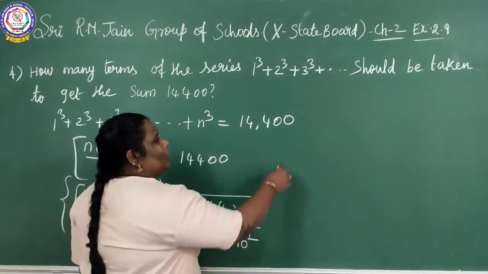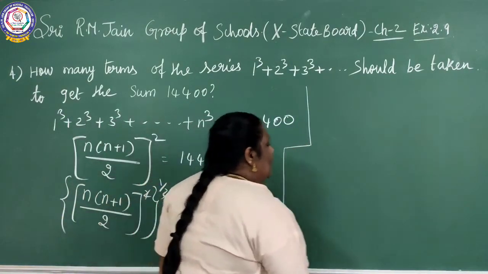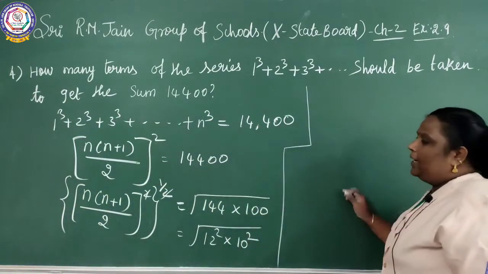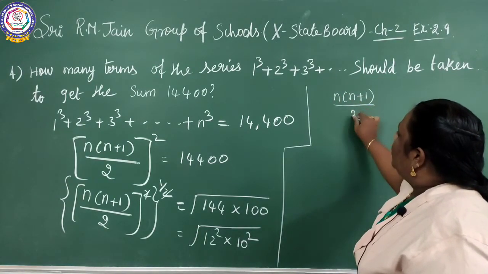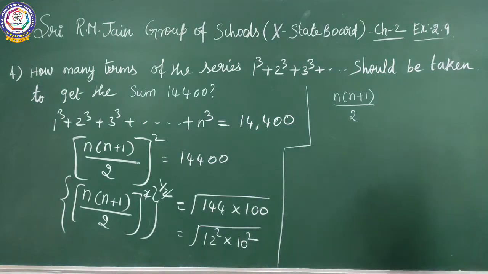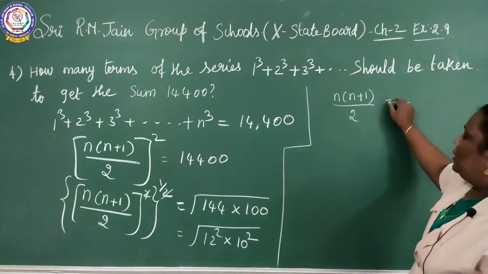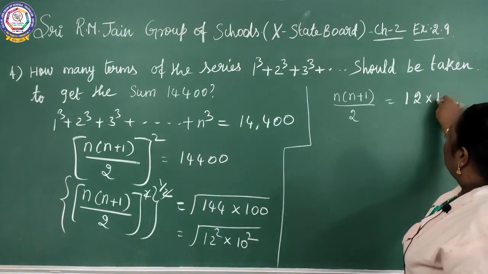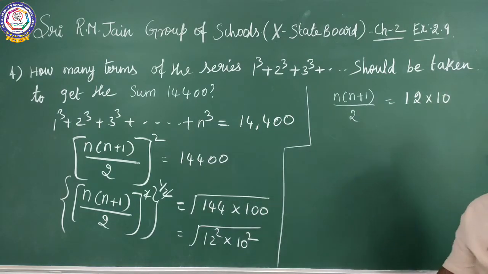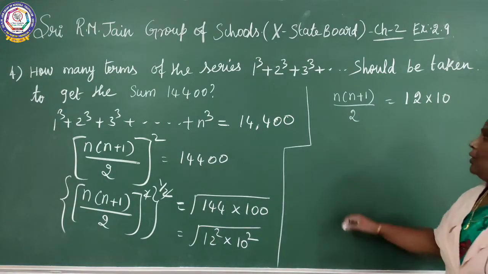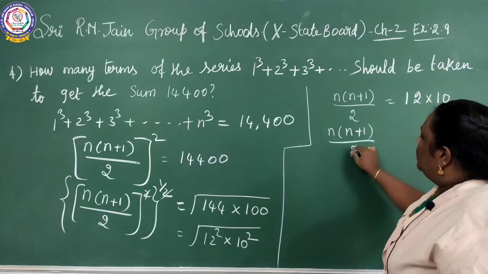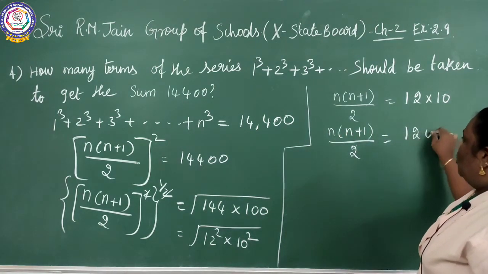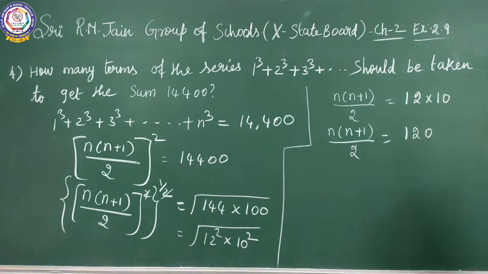So n into n plus 1 by 2 equals 12 into 10, taken out from the square root. n into n plus 1 by 2 equals 120.